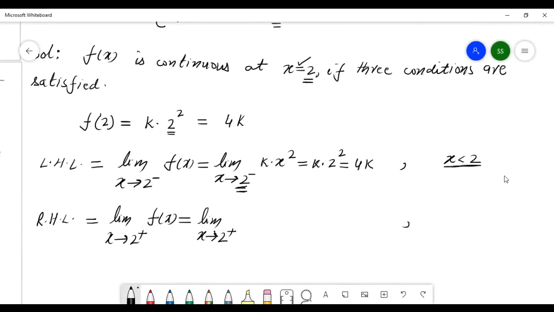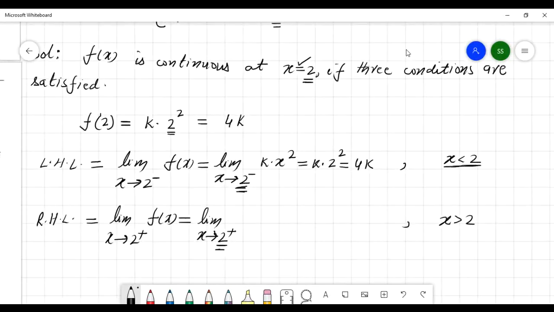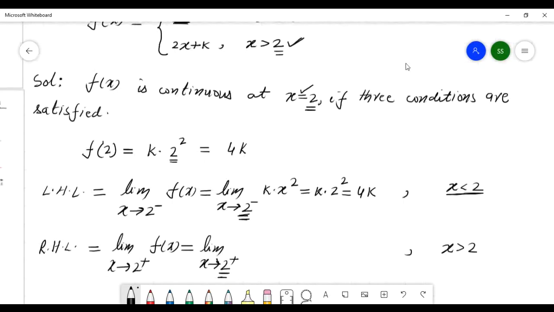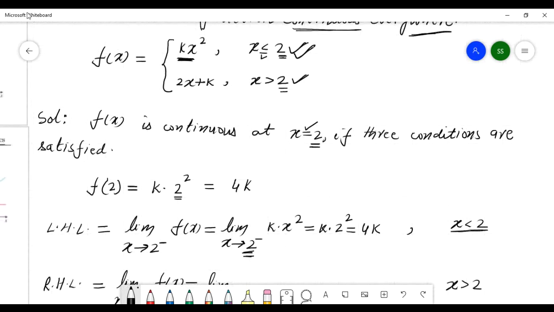What is the meaning of x goes to 2 plus? It means x is greater than 2. And for x greater than 2, the function is 2x plus k.